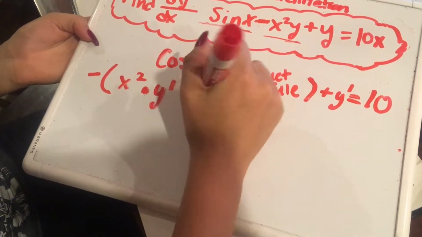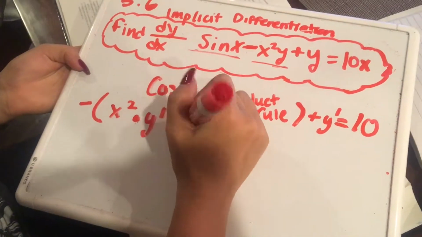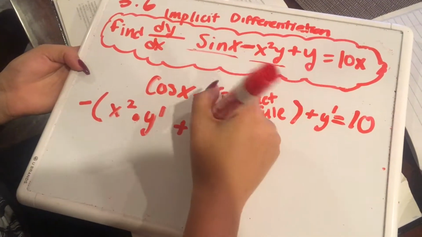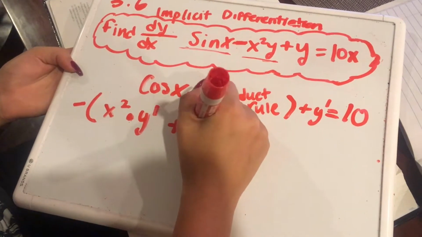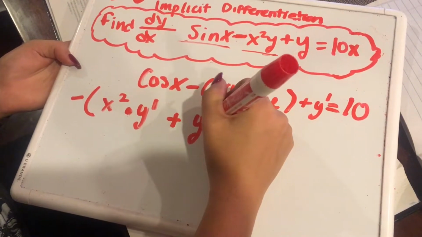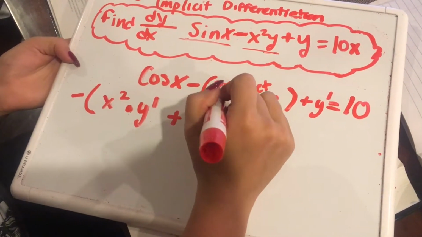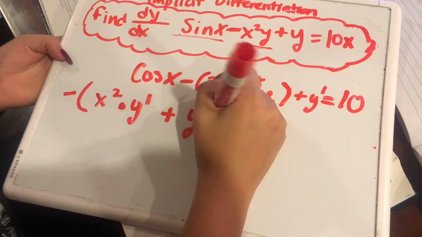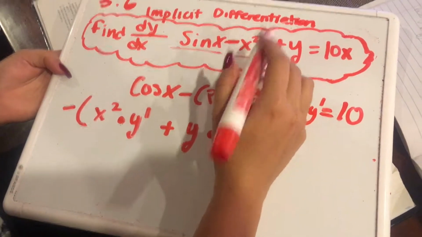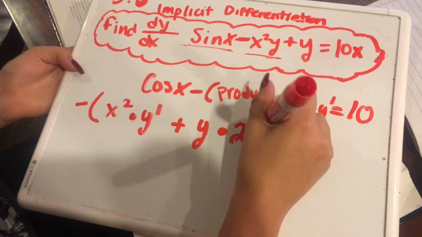Then plus g of x, which is just the y. Since you're only using y and not the derivative of y, you don't have to add the y prime. And then you do times the derivative of the first, which is 2x.